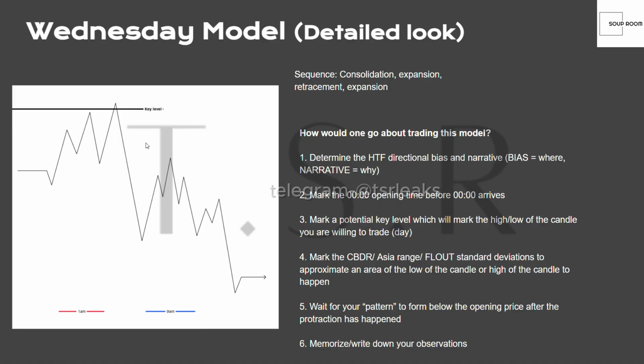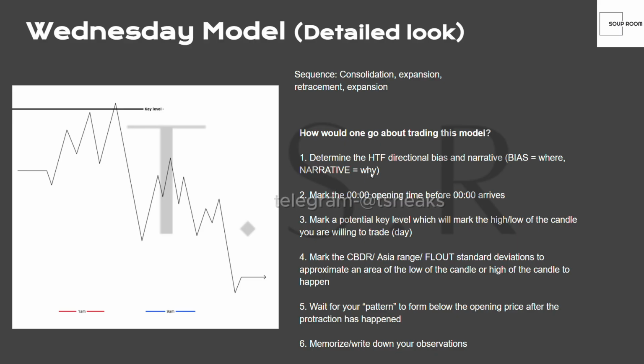My narrative is a key level has just been hit after the fact that Tuesday swept Monday's highs. Wednesday will perform a classic sell candle after, and only after, a key level is hit while turtle souping a 15-minute range. That is bias and narrative.